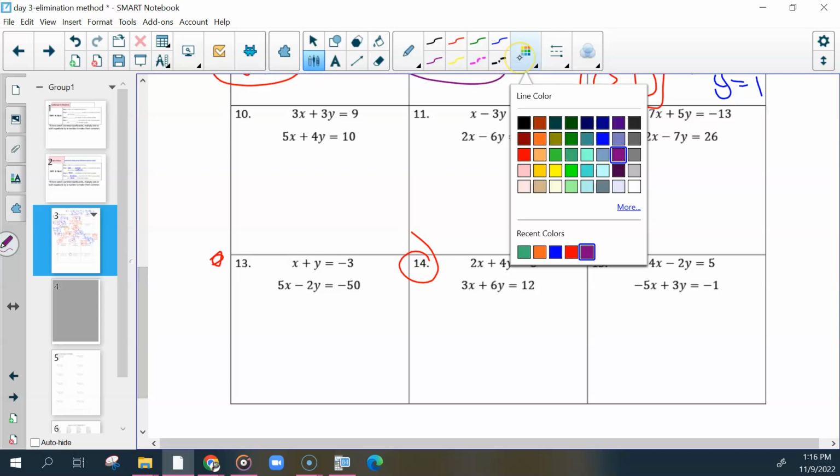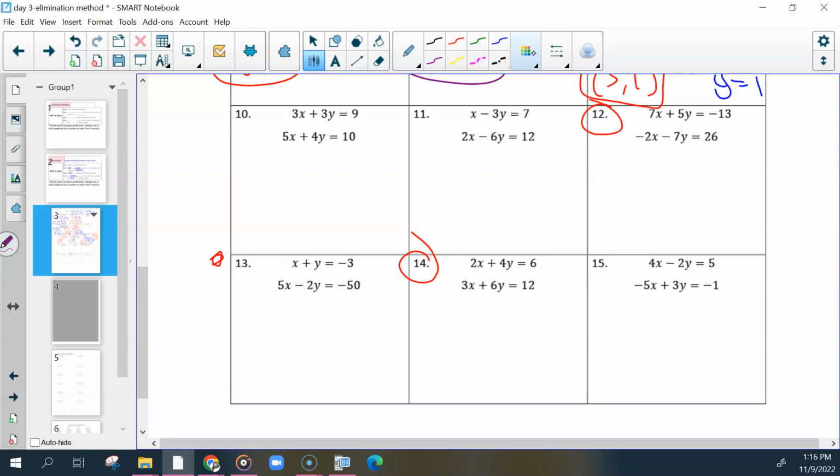So for 14, I would need to multiply this by 2 and this by 7. If you wanted them both to be positive or both to be negative, you could change one of those to a -2 or a -7, either or. So then both equations are going to change.